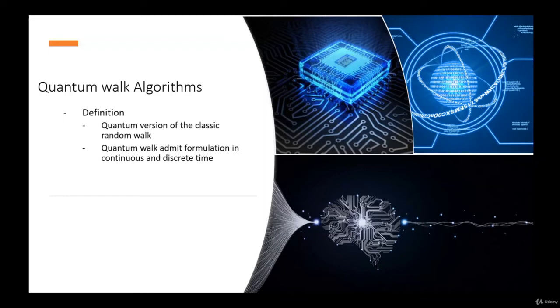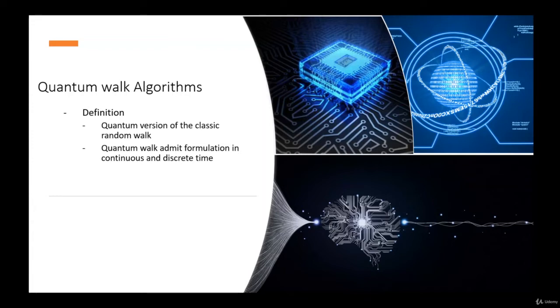For those who are not sure what a random walk is, it's a mathematical concept that can also be called a random process that is used to describe a certain path that contains a succession of random steps. The main difference between the classical random walk and the quantum random walk is the element that allows the randomness.